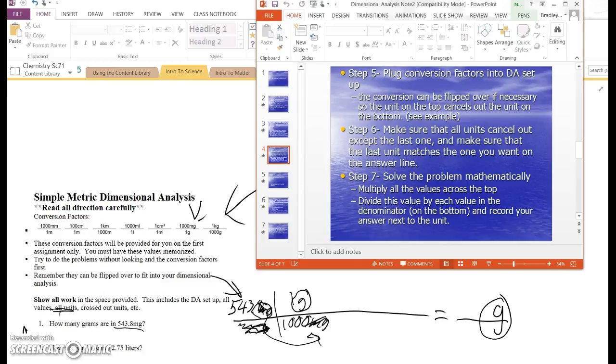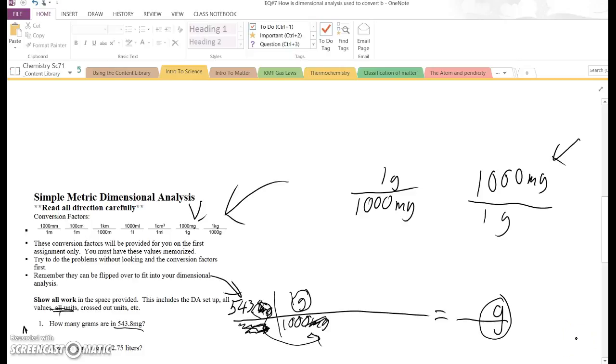There's a couple different ways to do this, but essentially I'm going to multiply everything across the top. So I will multiply all of my numerator, so 543.8 times 1. And then I will divide that by each number on the bottom. So divided by 1,000. So that equals, and I'm running out of room here, 0.5438.